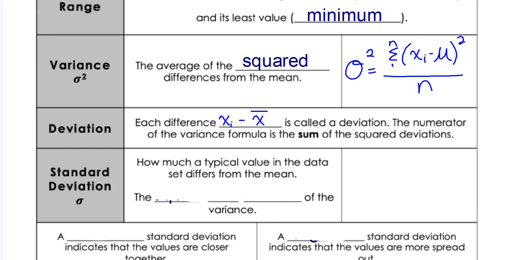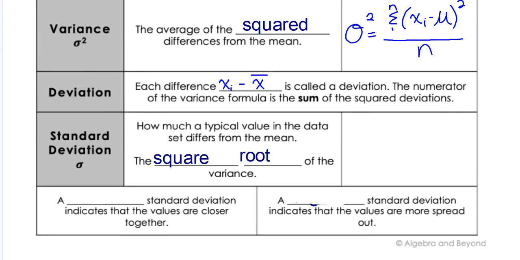All right, and then lastly, we have standard deviation, which is how much a typical value in the data set differs from the mean. So to find that, we take the square root of the variance. Standard deviation tells us on average how far away each data point is from the mean.